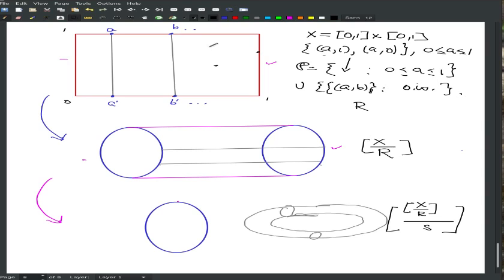There would be certain things which would be preserved by gluing, and some things which will not be preserved.